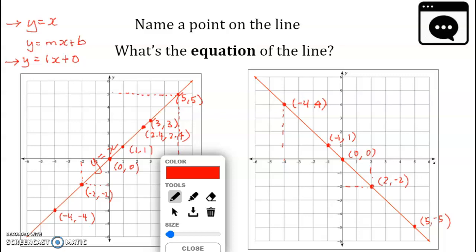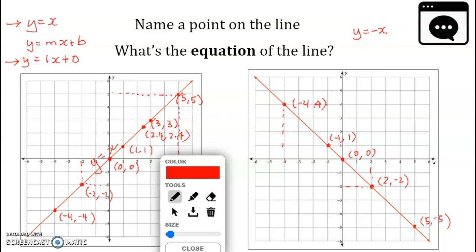Okay, 2 and 2, they're the same numbers, but we have a negative sign there. It's opposite. Okay, they are opposite. They're the same in magnitude, but opposite in sign.